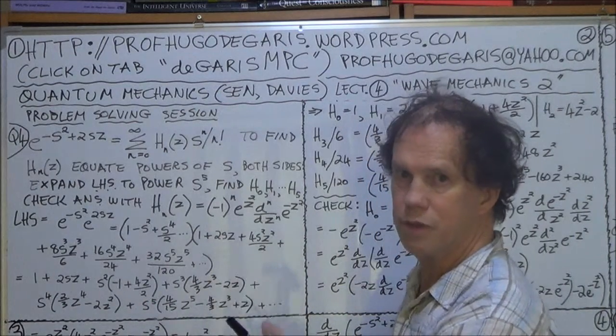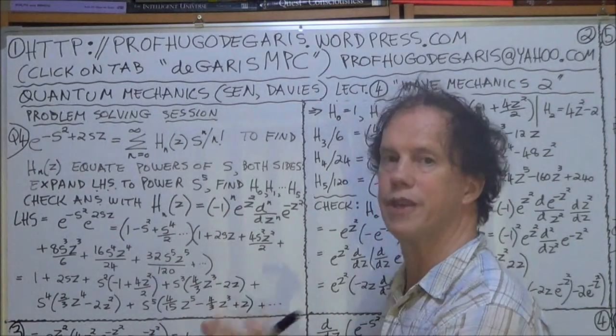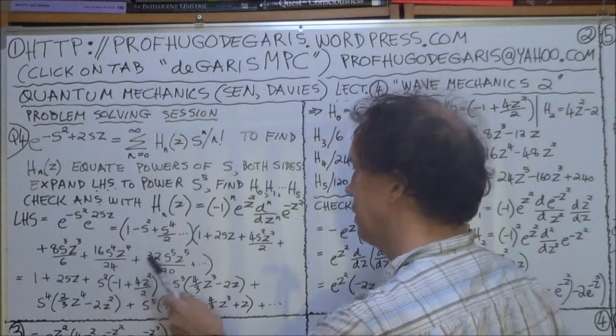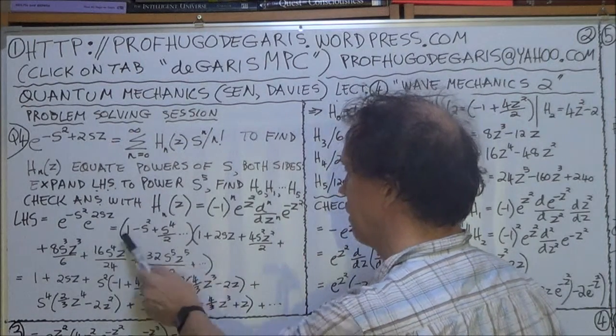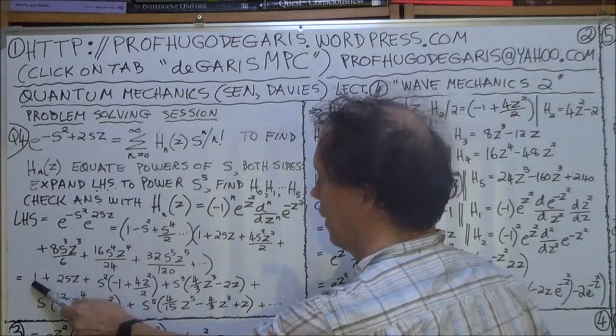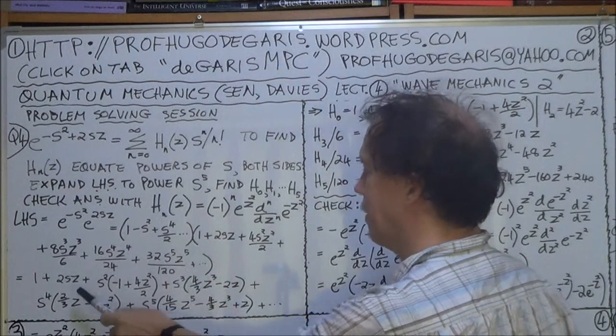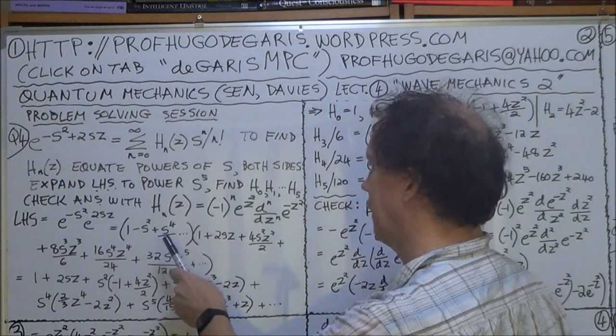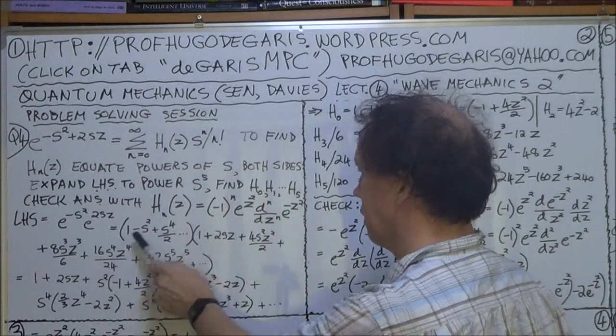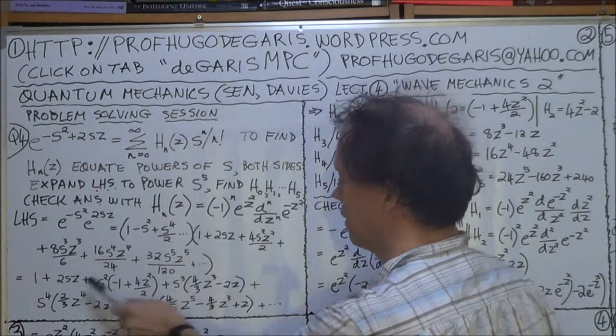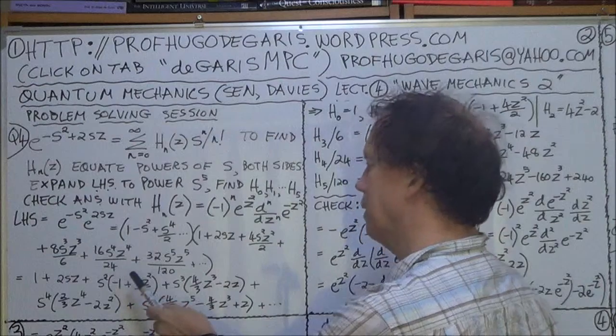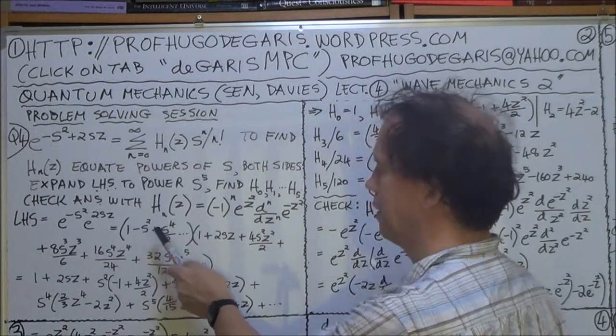Now collect terms. Collect the coefficients of a particular power of s. There's only one unit, so it's just 1. And then what are the powers of s? s to the 1 will just be this one, multiplied by 1. So you get 2sz. Now collect terms for s squared.